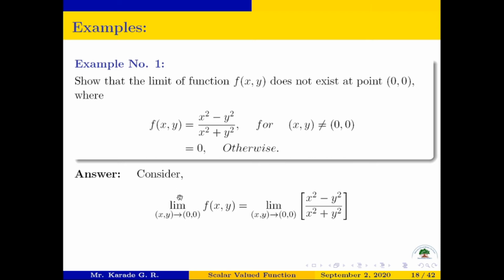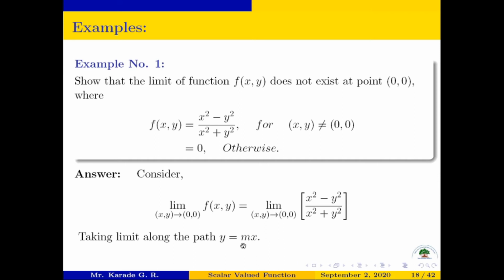Consider the limit of function f of x comma y as x, y tends to 0, 0, which is equal to the limit of x square minus y square divided by x square plus y square. Now taking the limit along the path y equal to mx. The point is 0 comma 0, the origin.